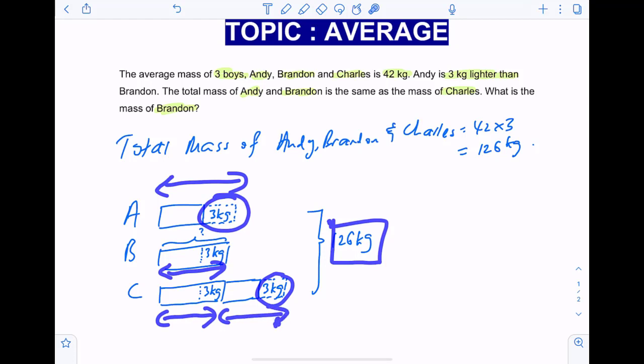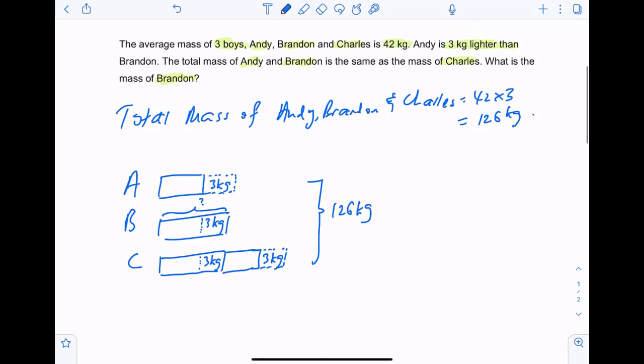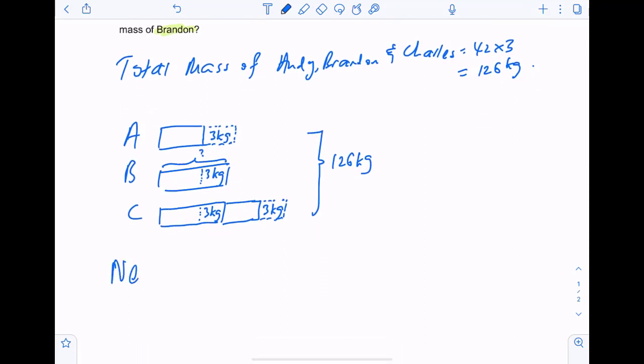But we have to add 3 plus 3 plus 126. So the new total mass will be 126 plus 3 plus 3. That will be 132 kg.